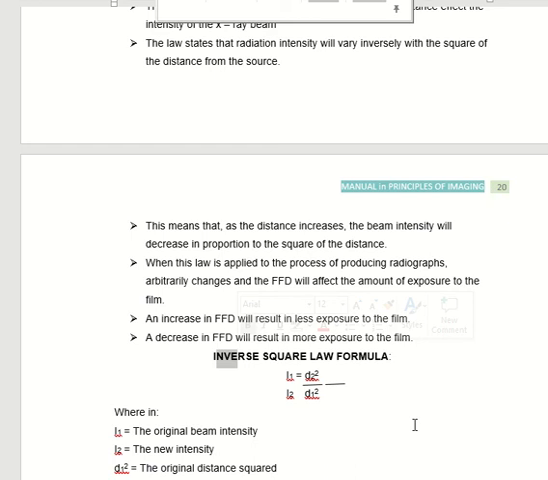Ang ibig lang sabihin nito ng inverse square law is that if you increase the distance, for example from 40, ginawa mo siyang 100, the intensity or the radiation dose received by the patient, or the exposure, will decrease.